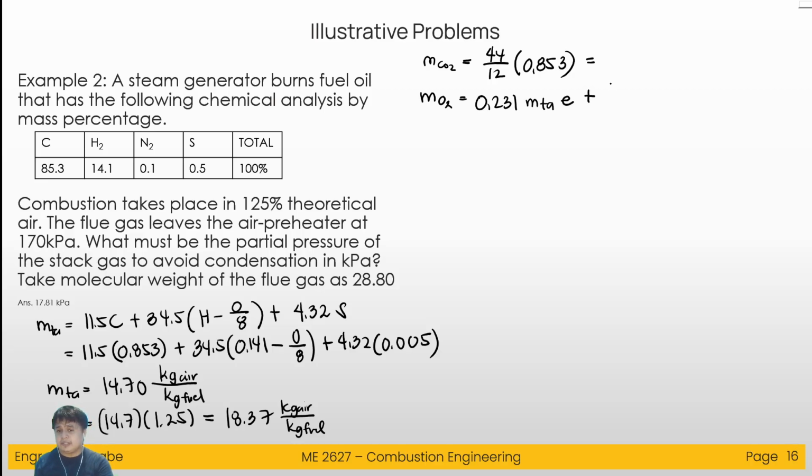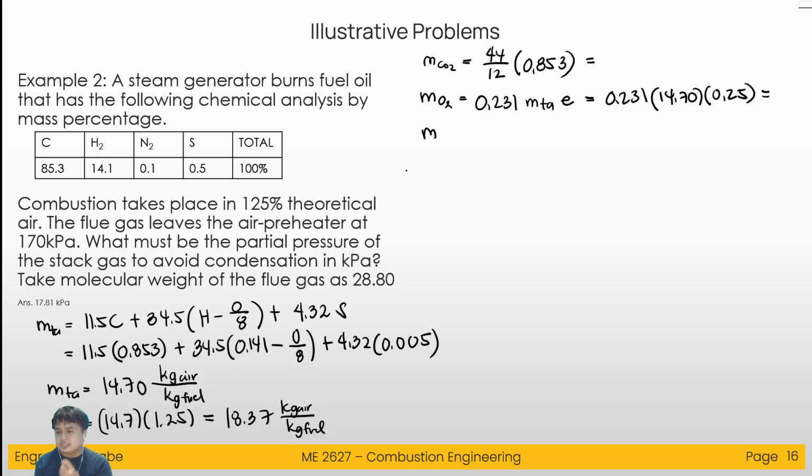Plus you have here 16 for incomplete combustion, but since this is complete combustion, this is all we will put. So this will be equal to 0.231 times the mass of the theoretical air, 14.7, and then the excess is 0.25. Okay, you can find that later.